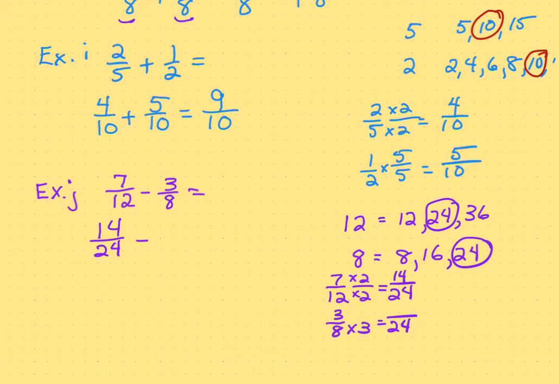We have to multiply by 3 and multiply 3 by 3 to get 9. So now we don't have 3/8. We have the same value, but it is expressed now as 9/24. And 14 minus 9 is 5. And keep the same denominator because we're doing subtraction. There's our final answer.